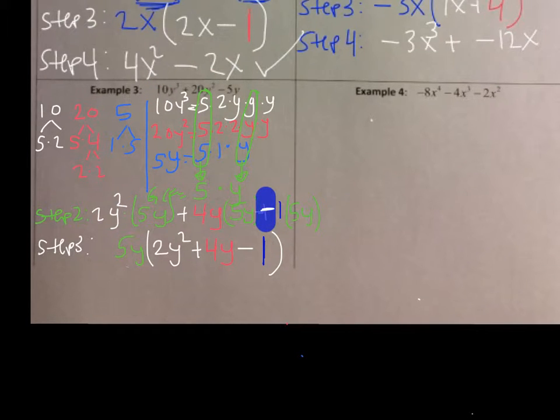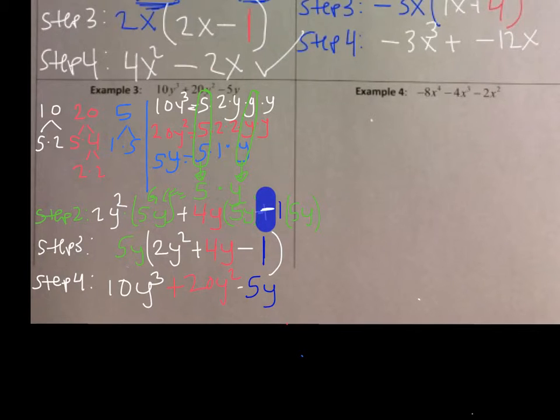And then the last step, step 4, we're going to check and see if our answer is correct by distributing the 5y back into these 3 terms. 5y times 2y squared would be 10y cubed. 5y times 4y would give us plus 20y squared. 5y times 1 will give us 5y.